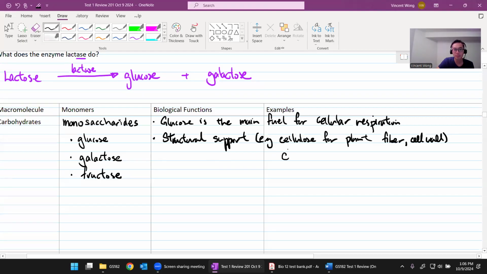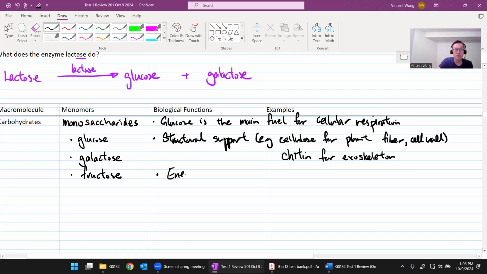But I have another example here before that. Chitin for exoskeleton, right? Like the bugs and the crabs and the lobsters. They have a shell on the outside that's made up of chitin, which is a kind of carbohydrate.